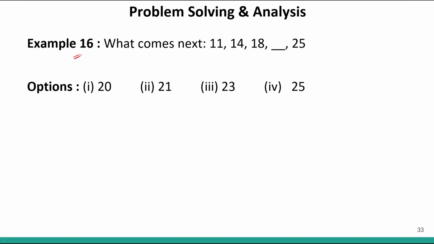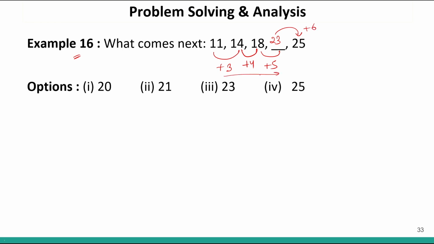Now, similarly, example number 16. Here I can see plus 3. Here I can see plus 4. So if I add plus 5, my number will be 23. Then 23 and 25 should be plus 6, which is not correct.